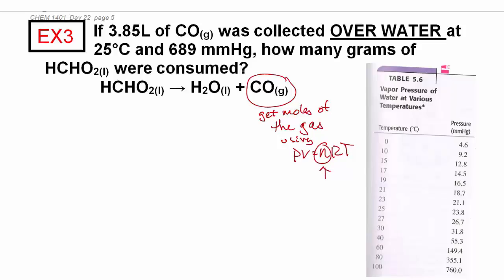Just make sure you use the correct pressure, because we know that the pressure is too high because water was also collected. Once you get the number of moles of the gas, use the mole bridge and molar mass to get your final answer.